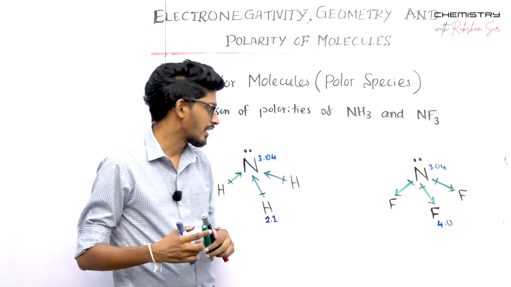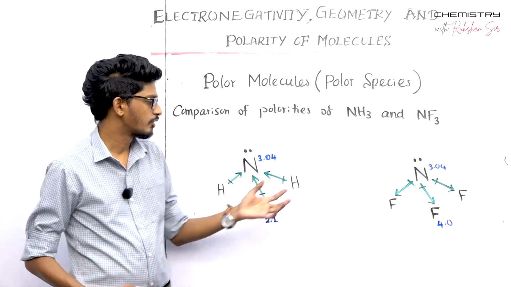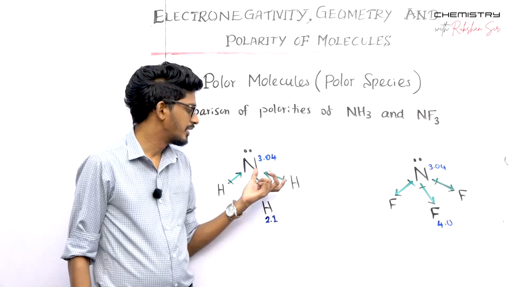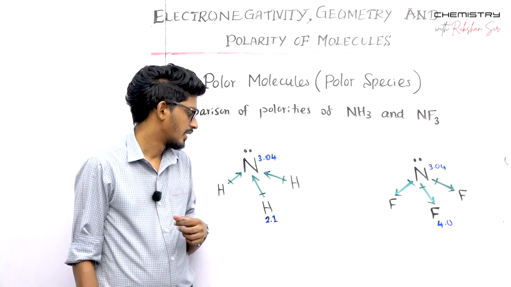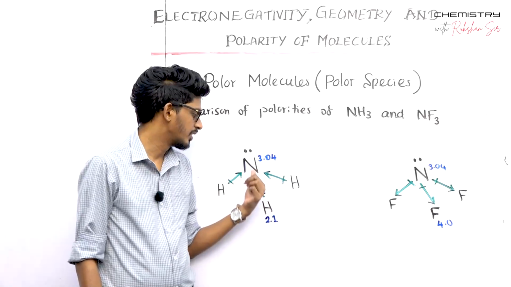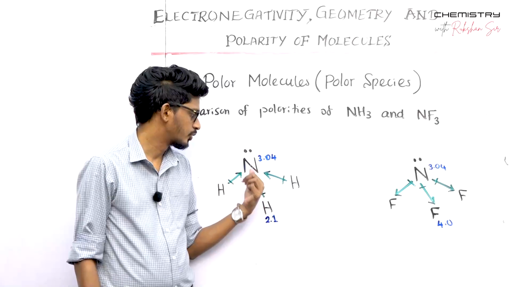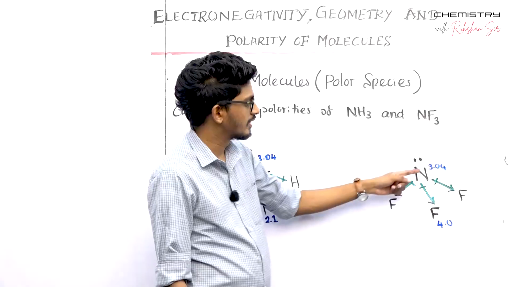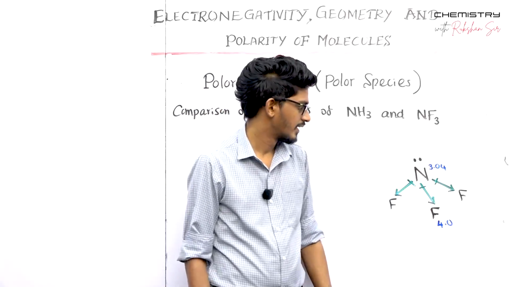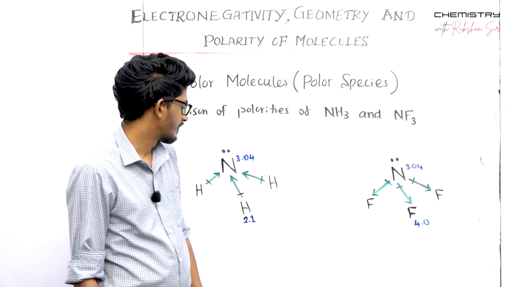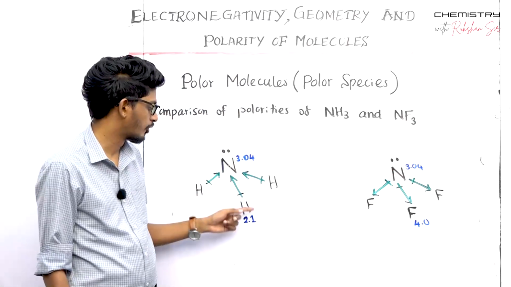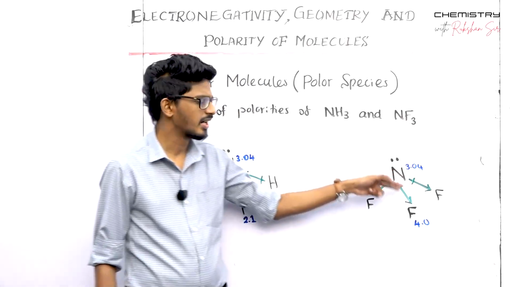So when it comes to the delta values of these bonds, they are more or less the same, because the difference between nitrogen and hydrogen is actually 0.96 units, and the difference between nitrogen and fluorine is again 0.96 units.